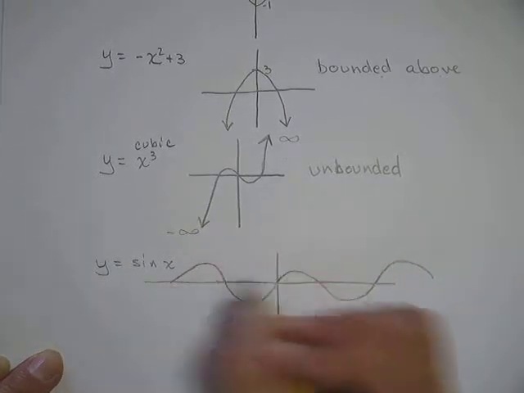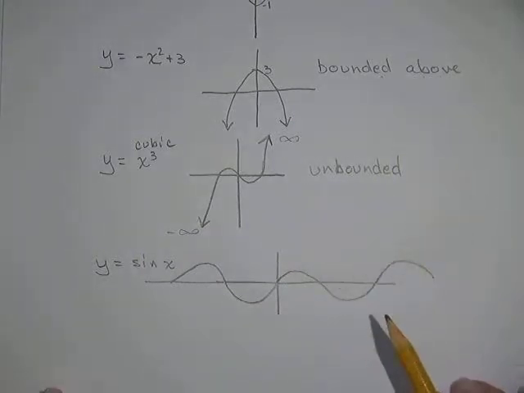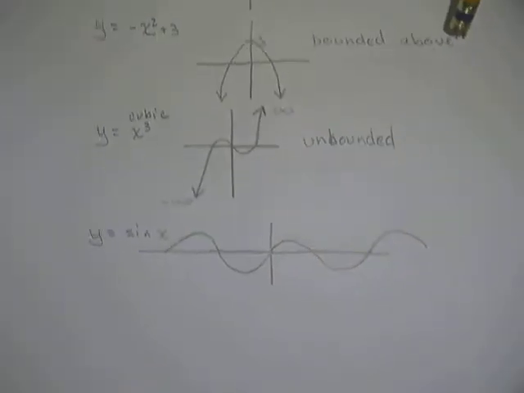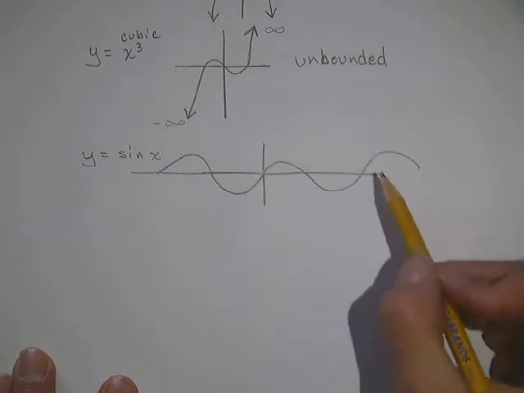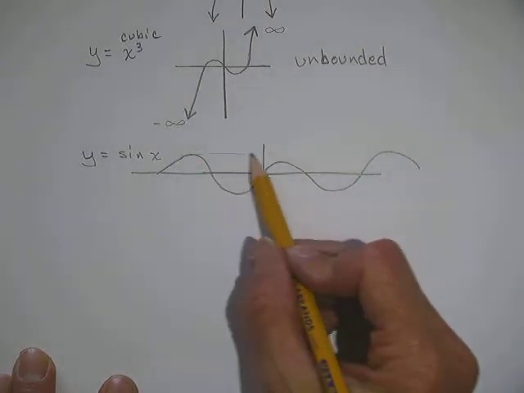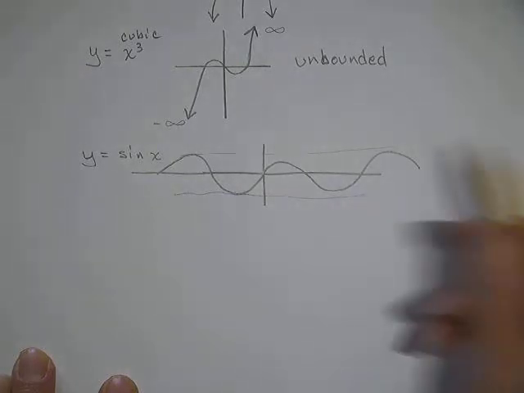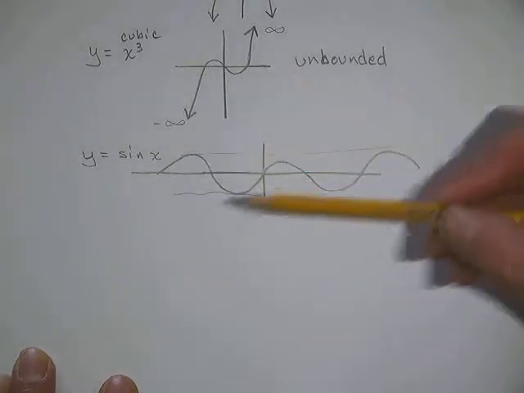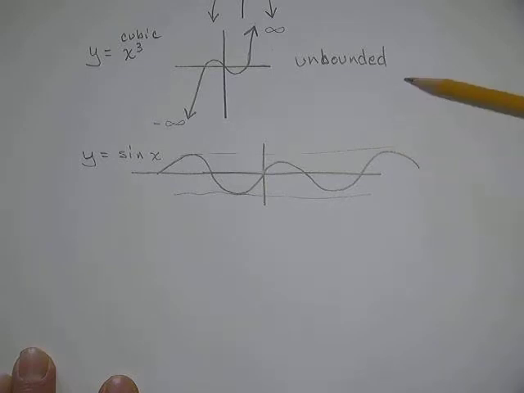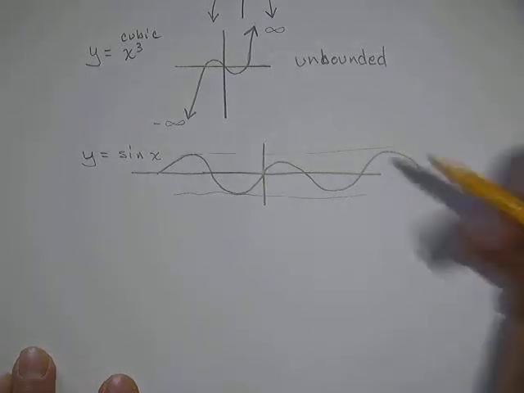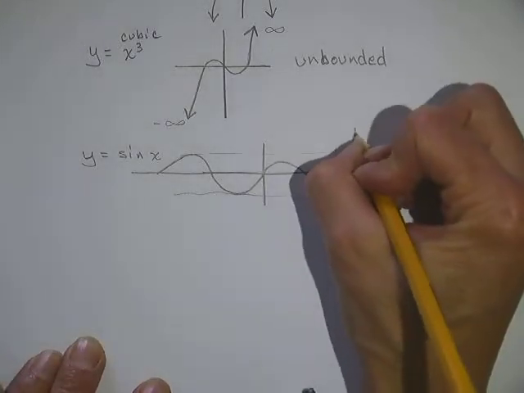Okay, what about this one? It stops up here, and it stops down there. So this particular one, because it can't ever go up to infinity or negative infinity, is called bounded.